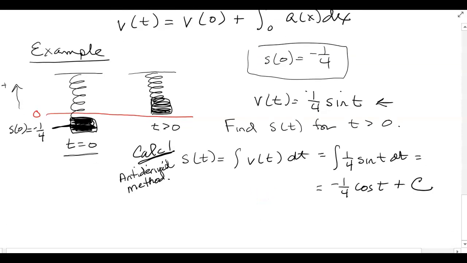So this is s sub t, which gives us part of our position function, but we don't know c yet. Again, this is how we worked it out in Calc 1. We said, okay, but I know s sub 0, which would be negative 1/4 cosine 0 plus c, has to equal negative 1/4.